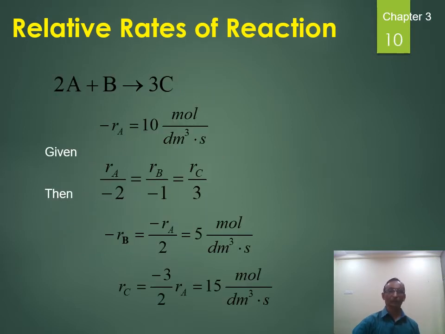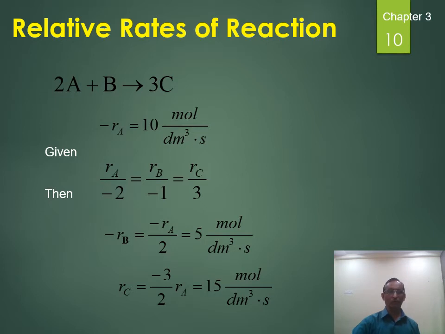Here one example is given which clears up how we relate those rates. Same equation, 2A + B gives 3C, and minus rA is given as 10 mole per decimeter cube per second. The relative rates: A and B are disappearing, meaning minus rA and minus rB.